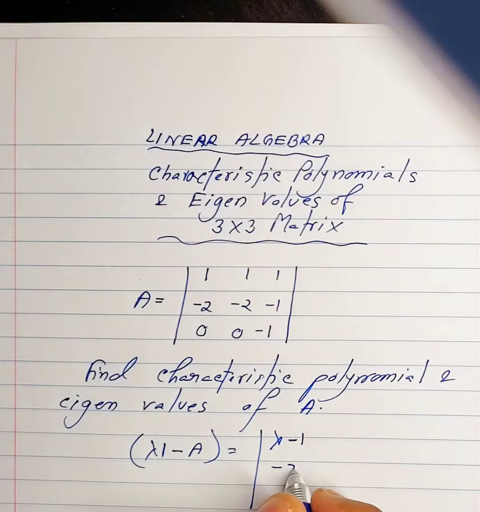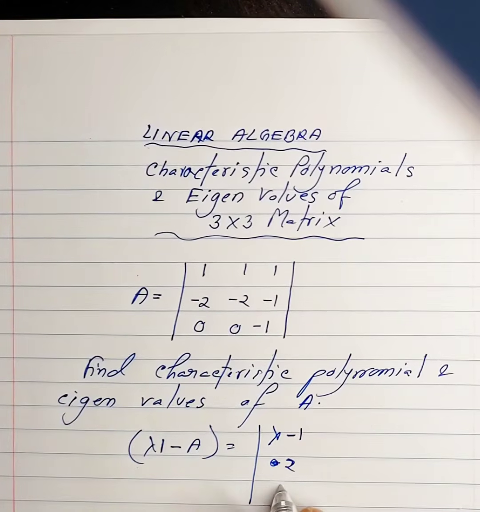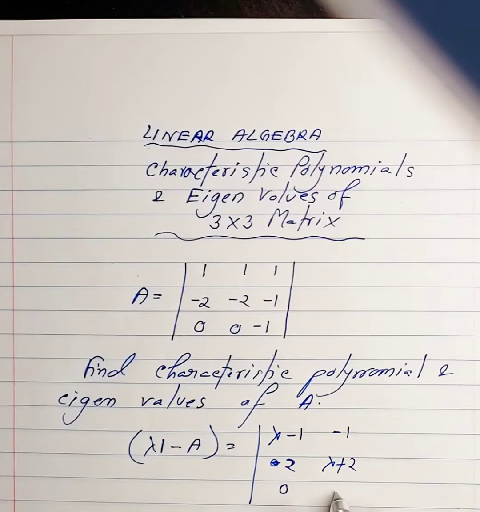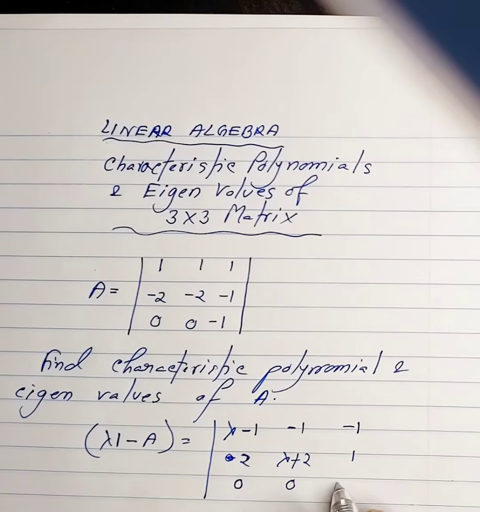You have 2, minus 2. Actually, your sign will be changed, so this will be 2 and it would be 0. Then you have minus 1, lambda plus 2, 0, minus 1, 1, and then lambda plus 1.